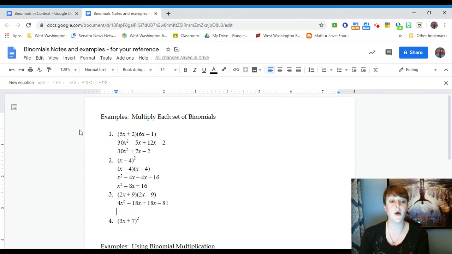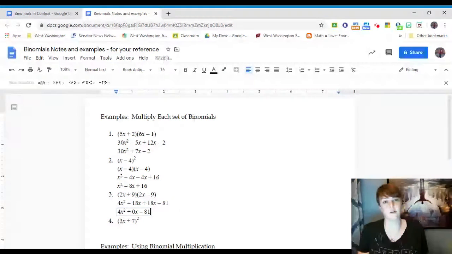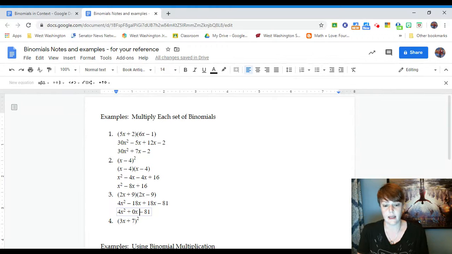Those two will eliminate. So we will have 4x squared plus 0x minus 81. Now, of course, 0x, that's not a thing. And so we just get rid of that middle term. It all cancels out. And we are left with 4x squared minus 81.